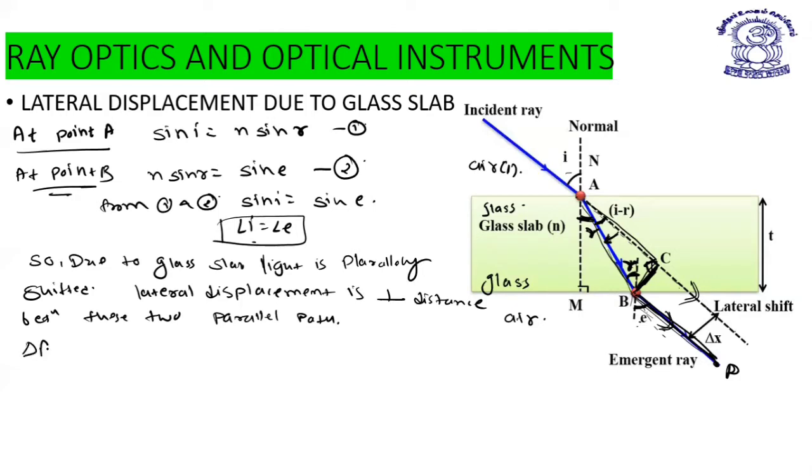In triangle AMB, we can write cos R is equal to adjacent side upon hypotenuse. Adjacent side is AM.